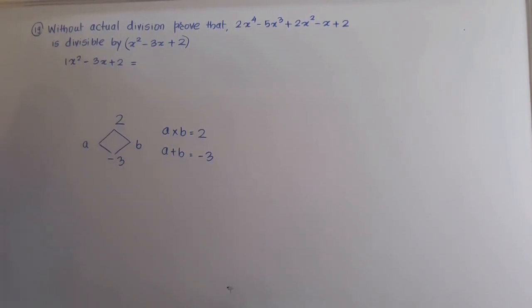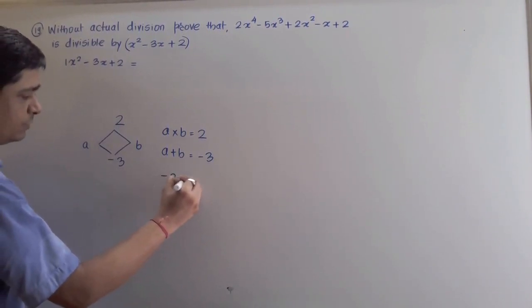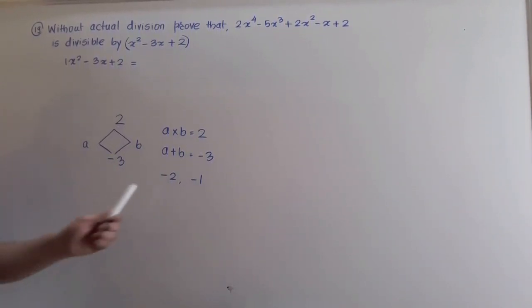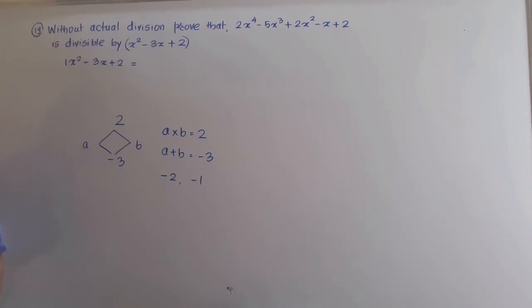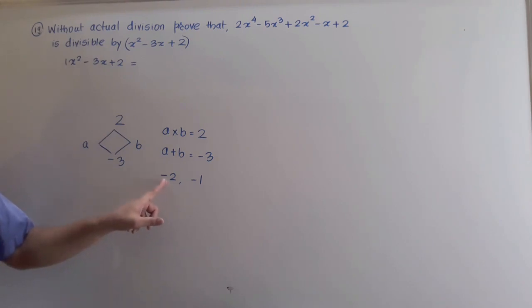I am telling you quickly because I am taking this method in the next session. So one will be minus 2 and one will be minus 1. Minus 2 and minus 1, if you multiply, minus into minus becomes plus, so 2 into 1 is equal to 2. When you add both, since the signs are the same, 2 and 1 are added to make 3, with the sign of the bigger term, minus, so we get minus 3.